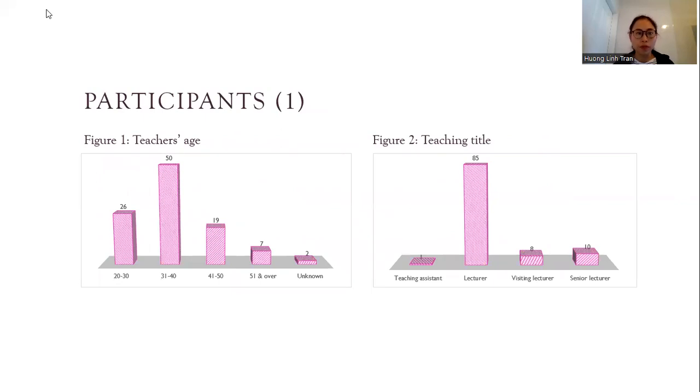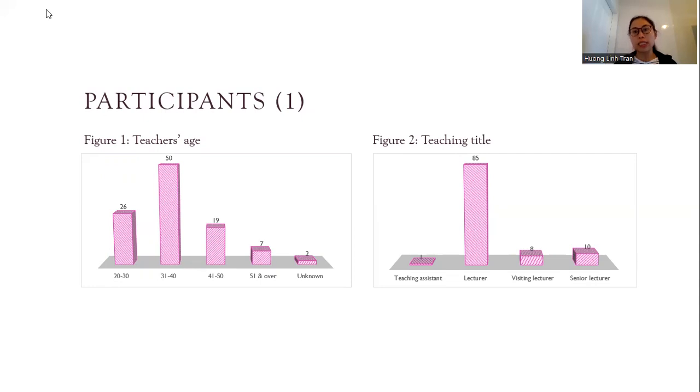Here is a brief review of the participant demographics. The majority of the participants in the current study are female, and 104 teachers responded to the survey. Their ages range between 20 to over 51. Among those, nearly half are between 31 and 40, and the next majority group is 20 to 30.